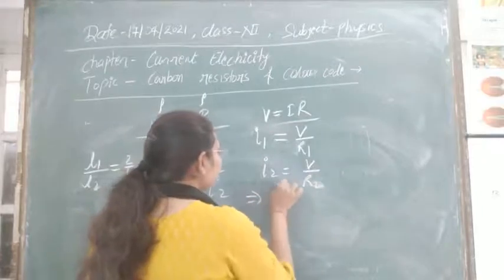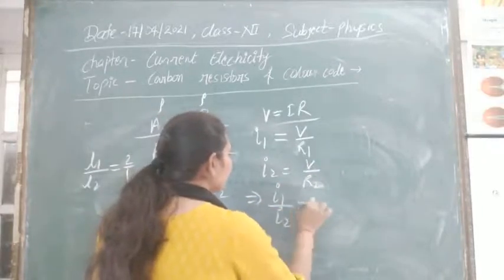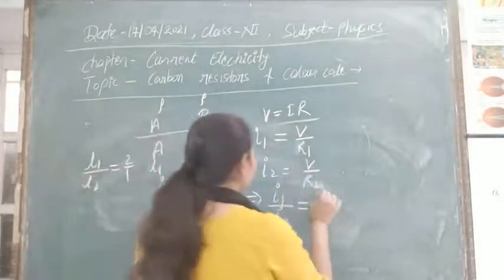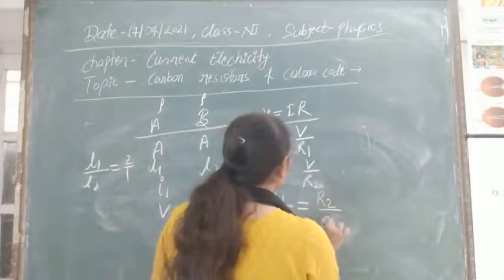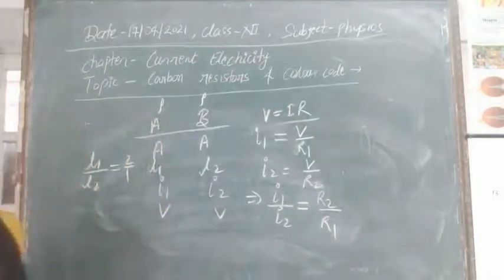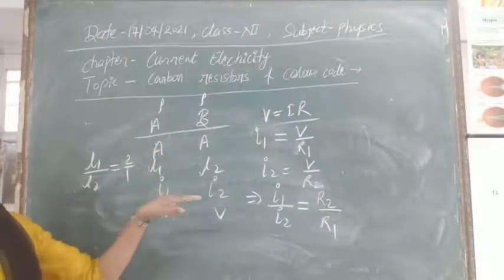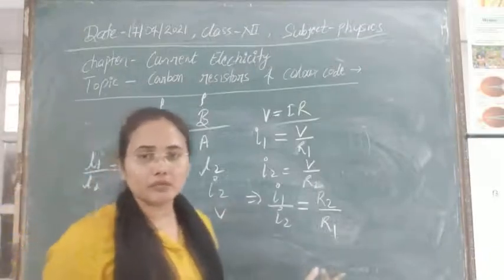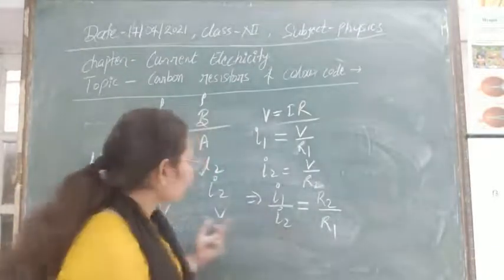Hence the ratio of currents I1 upon I2 will be R2 upon R1. So if we find the ratio of resistances, we can easily calculate the ratio of currents.